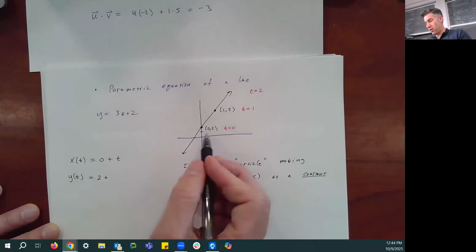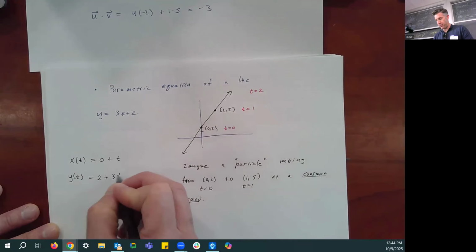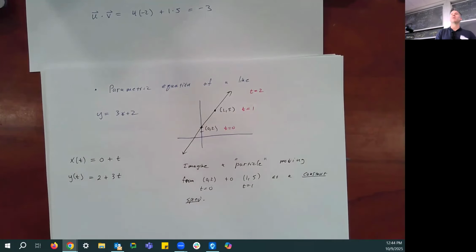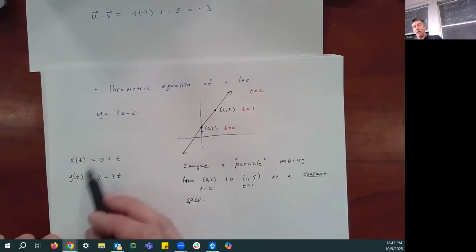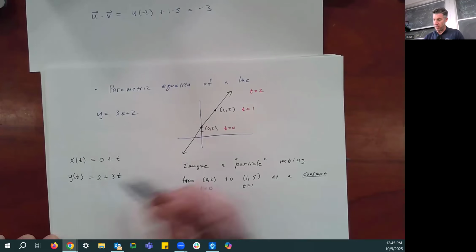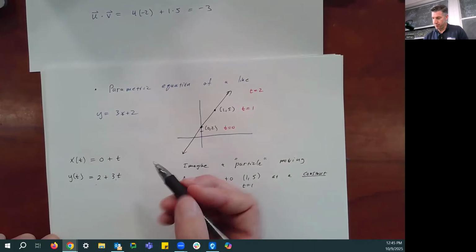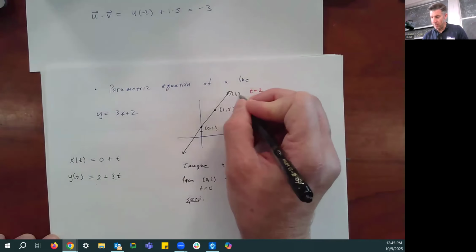And then 1 second later, it's increased by 3, so it's 2 plus 3t. So this might seem a little bit silly because that equation is almost the same as that equation, but that's kind of the idea. And then for any value of t, you could describe a point on the line. So if t was equal to 2, x would be 2, and y would be 2 plus 6, which is 8, which definitely is a point on the line.